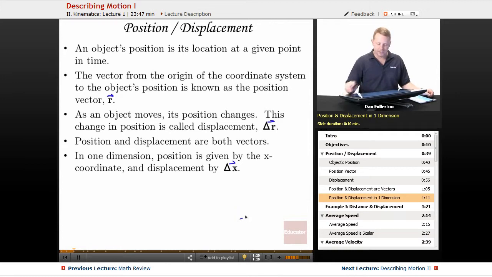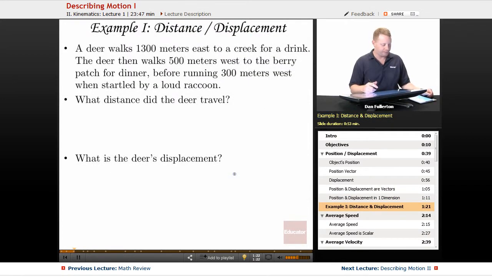Okay, so a couple examples about the differences between these. A deer walks 1,300 meters east to a creek for a drink. The deer then walks 500 meters west to the berry patch for dinner, before running 300 meters west when startled by a loud, angry, fierce, nasty, evil raccoon. What distance did the deer travel? Well, the distance the deer traveled, 1,300 plus 500 plus 300, would be 2,100 meters.